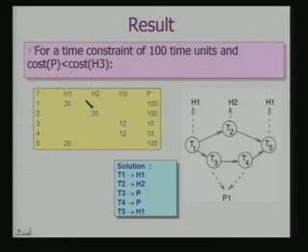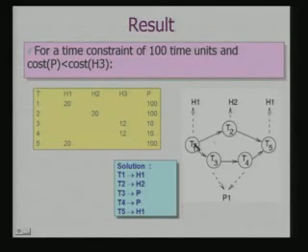So, let us look at a result. Okay. For a time constraint of 100 time units and cost of the processor P is less than cost of H3. So what I have done, in this case you will find that I have mapped T1 to H1, T2 to H2, T5 to H1, T3 and T4 to P1. Okay.